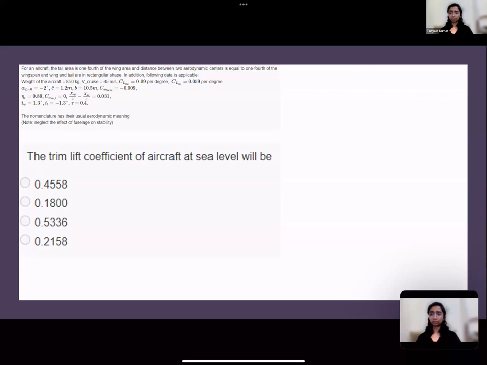Very simple, no? We've done this multiple times. Use the trim equation for lift equal to weight and try to find out. This is the formula, right? And then you use lift equal to weight and try to find out the value, trim lift coefficient.